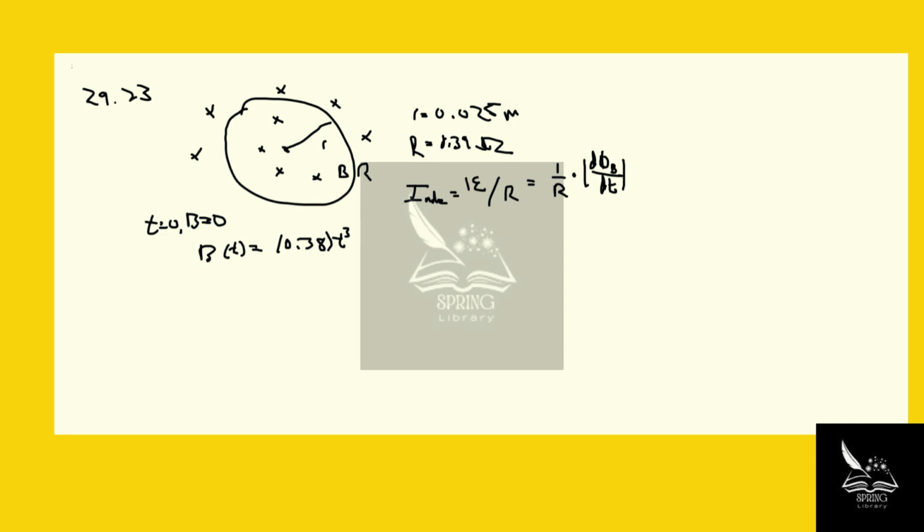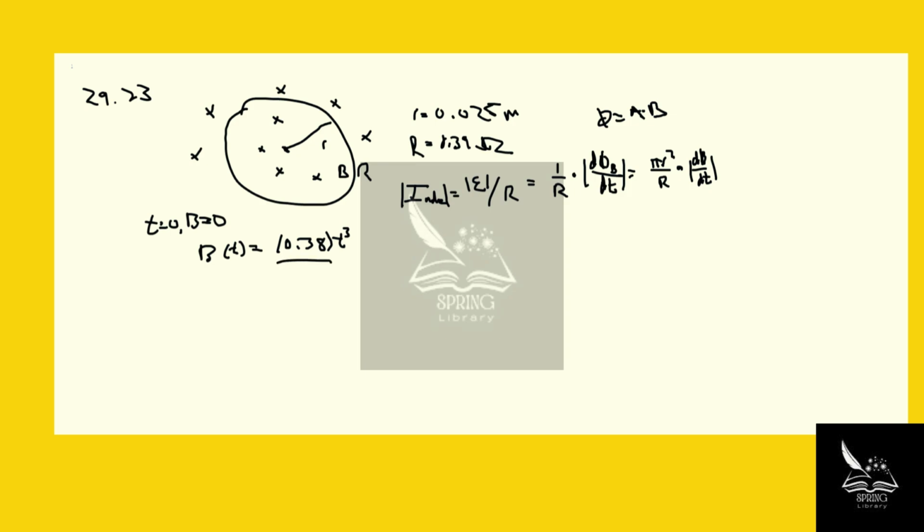And we'll just go with the absolute values here because we'll figure out which direction this is using the right-hand rule after this. Okay, so flux we also know is just the area times B. So we can rewrite this as pi r squared over big R times dB/dt.